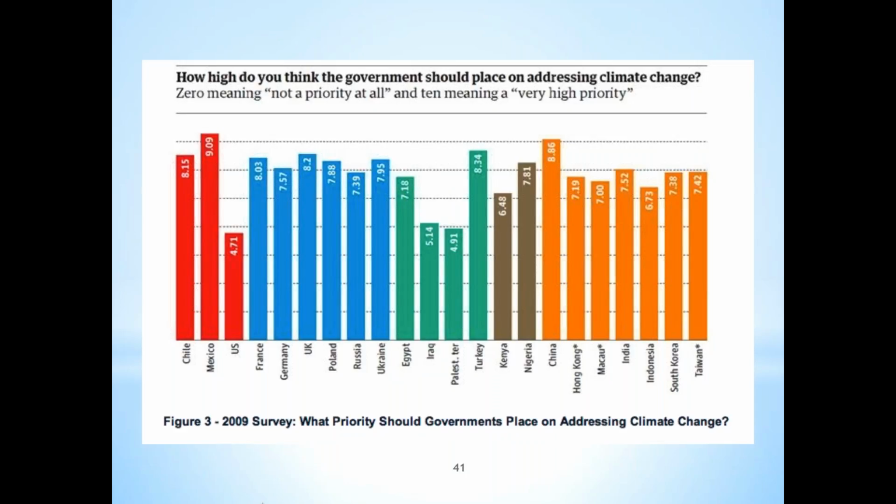Look who ranks the lowest: Americans. We don't care. We want to use our energy. We think climate change is a hoax. A lot of the rest of the world ranked this as much higher than 5, and a very high priority would be 10. Look who ranked that the highest: Mexico and China.